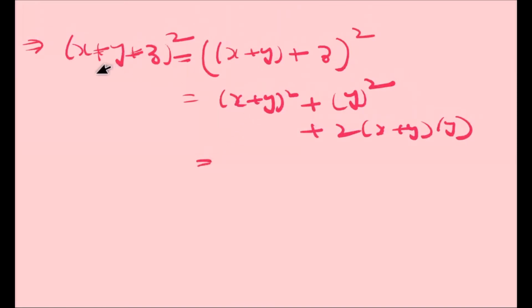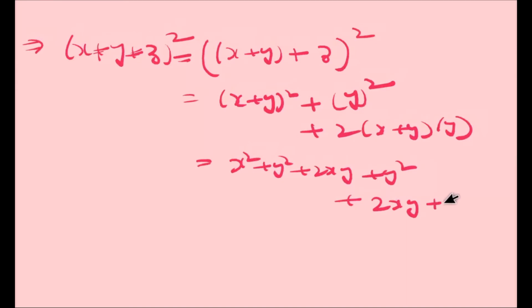In the previous factor, if it is one term and second term whole square, you have already studied in this previous board. So we can write here x square plus y square plus 2xy, and this is z square. Now if we multiply 2z here, we get 2xz plus 2yz.